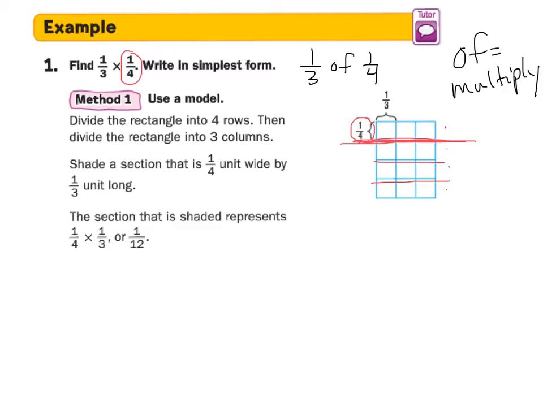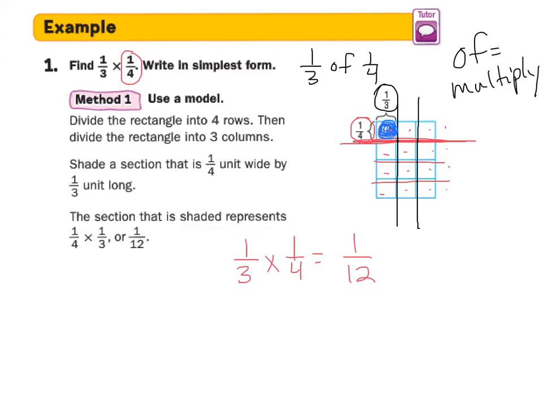Then they told us to cut it into 3 columns, because I'm looking at the denominator. The denominator always tells us how many parts to cut things into, and I only get 1 of those. So we're focusing just on this little square. So 1/3 times 1/4 is equal to 1 out of 12, because there were 12 boxes, and I only have 1 out of 12.